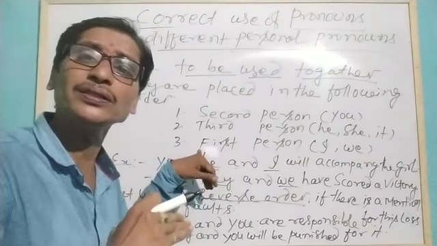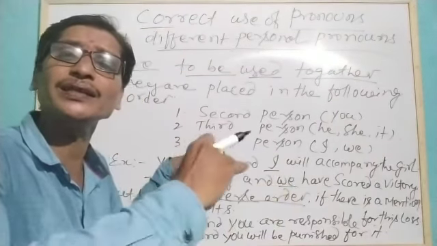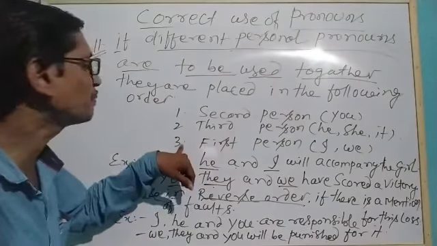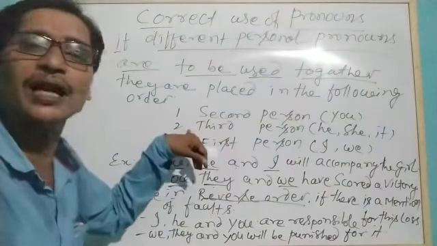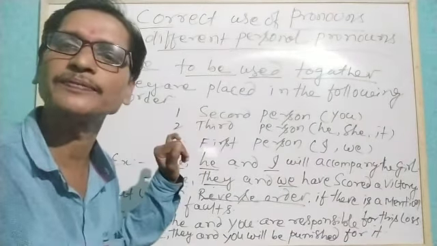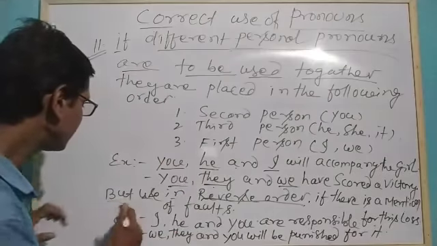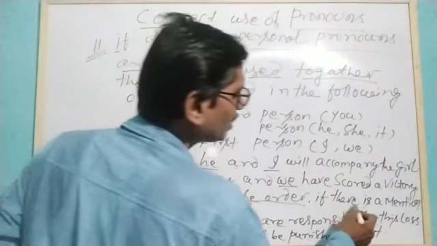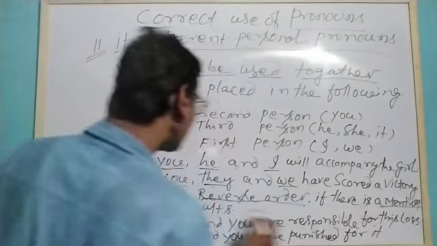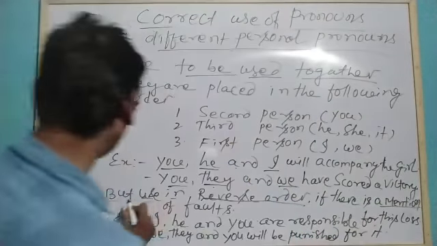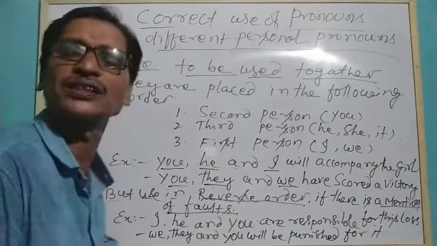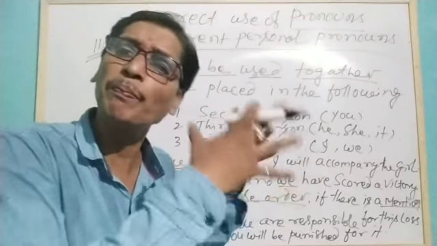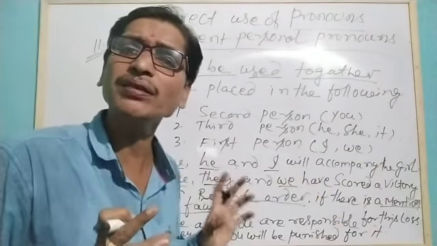When the sentence mentions any problem, then we have to use first person first, then third person, then second person. So let's understand. See, but use in reverse order if there is a mention of faults, some faults, some lacunas.